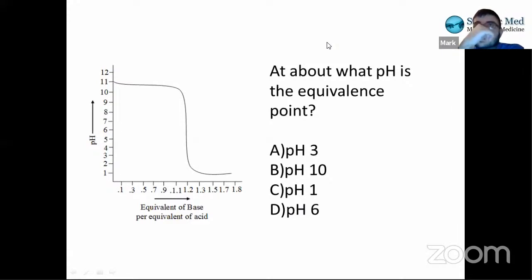The curve should look relatively the same whether you use strong or weak. The only difference will be where the equivalence point is, where the midpoint is, all of that stuff. But the shape of the curve will be the same, or roughly the same.